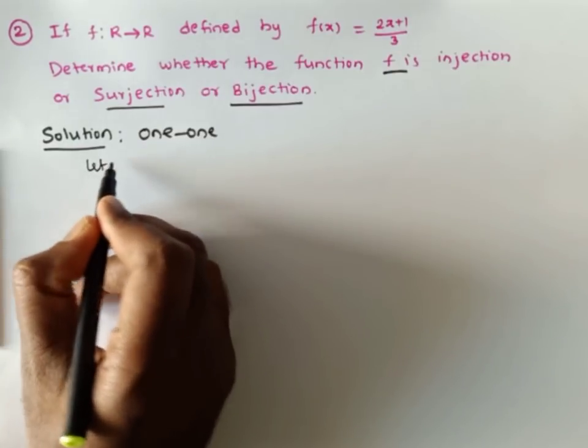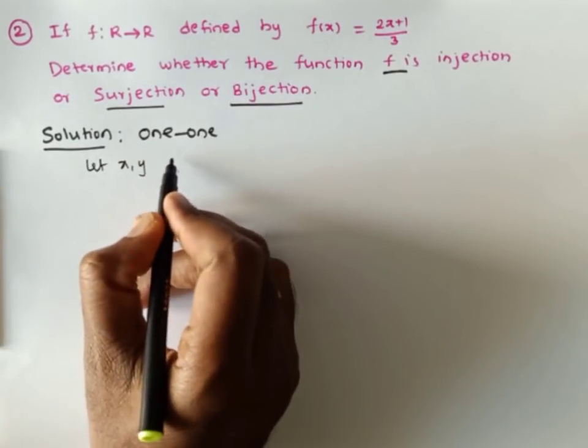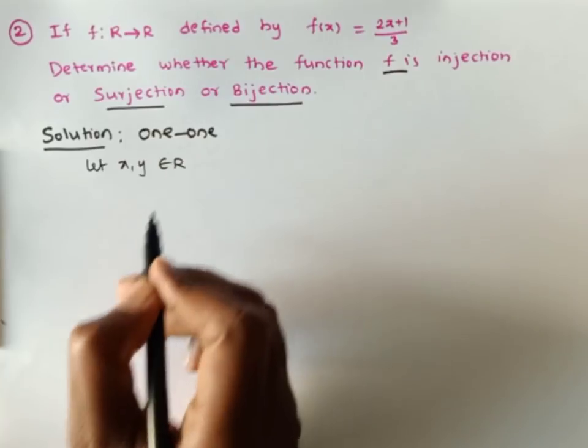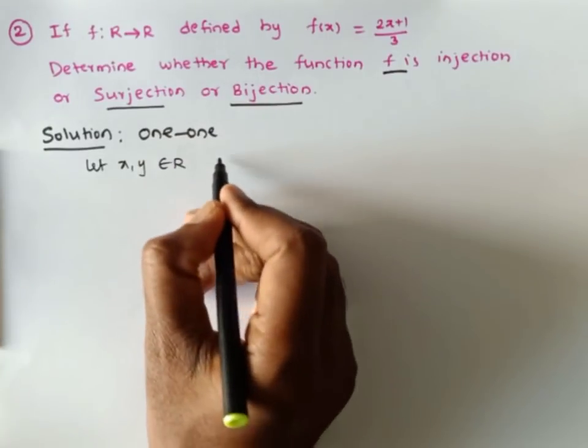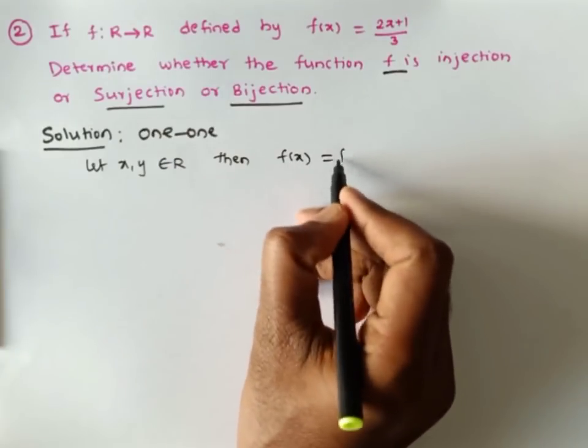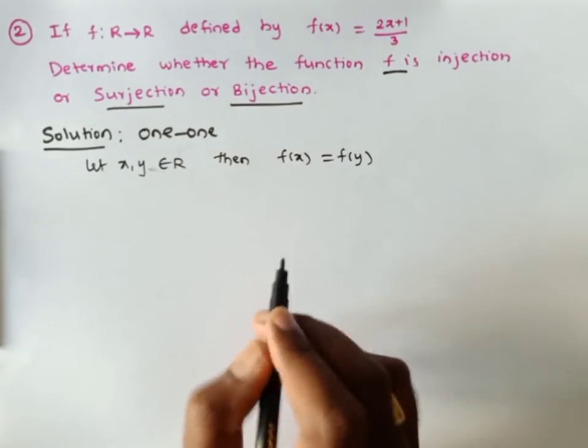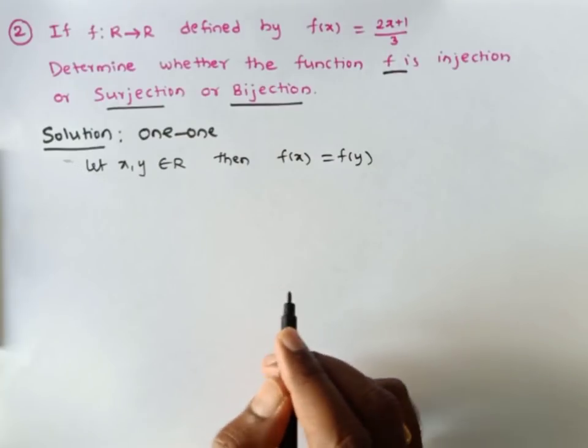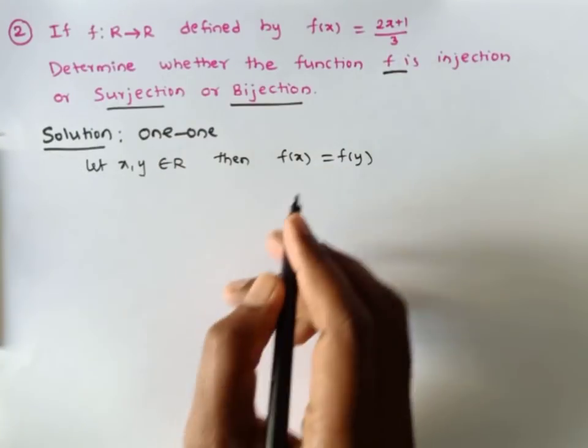So for that, let x, y belong to the domain R, then f of x equals f of y. If f of x equals f of y, then what happens? x equals y. Then only we say that the given function is one-one.